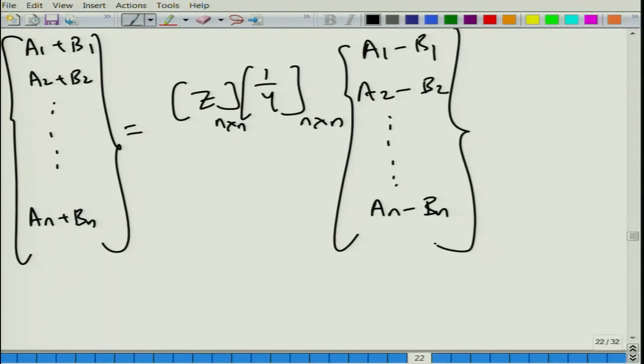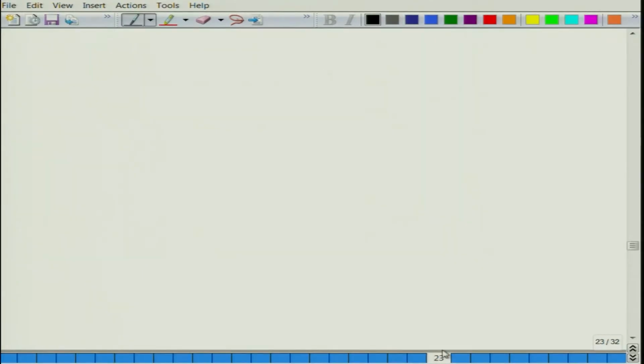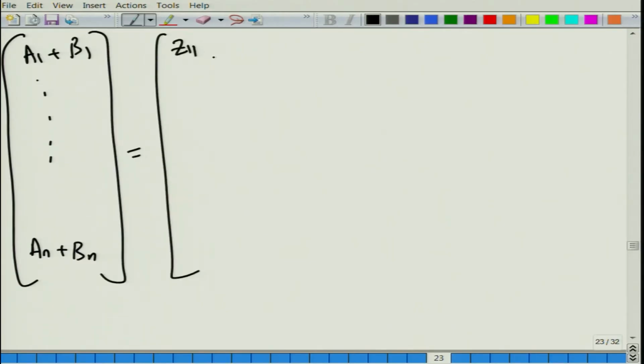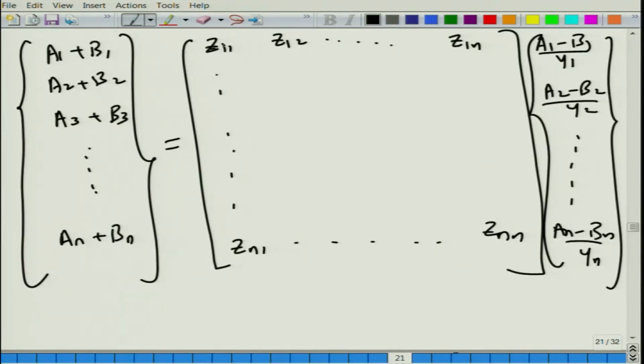Okay. So, your Y is the diagonal matrix, n cross n, and so what will happen here is that A1 plus B1, and like this up to AN plus BN, will be Z11 times Y1, because each of these terms will be multiplied.